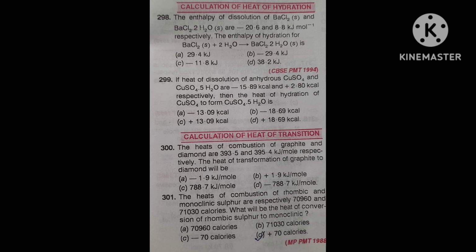First, it is given in the question: barium chloride solid plus aqueous gives barium chloride aqueous, with delta H equal to minus 20.6 kilojoule. The second value given is barium chloride 2H2O plus aqueous giving barium chloride aqueous, with delta H equal to plus 8.8 kilojoule.